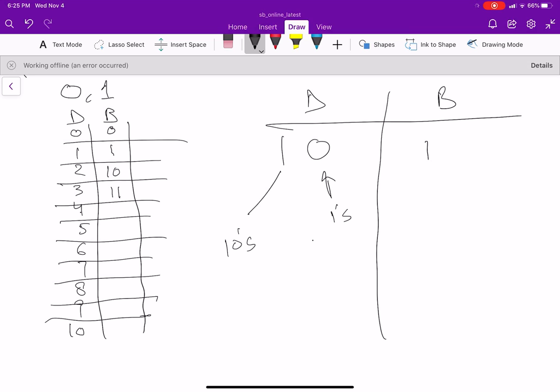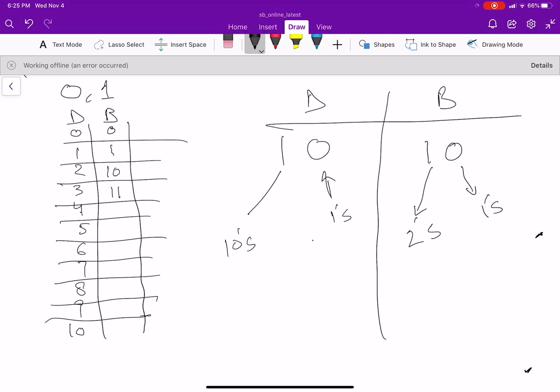In binary, how many symbols do we have? 2. So this is ones. What is this? Tens? Or twos? This is a binary system, so twos. So when we write 10, basically we have 1 two and 0 ones. So basically it's 2, because we have 1 two.